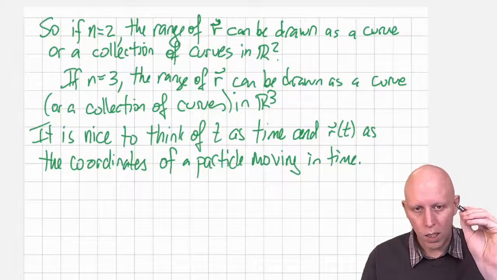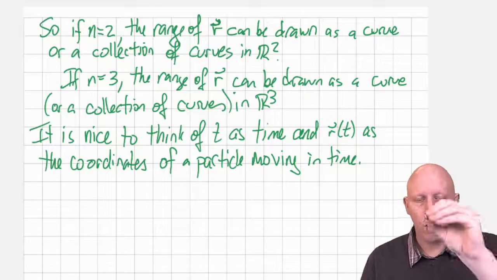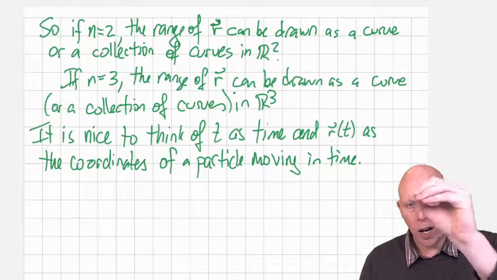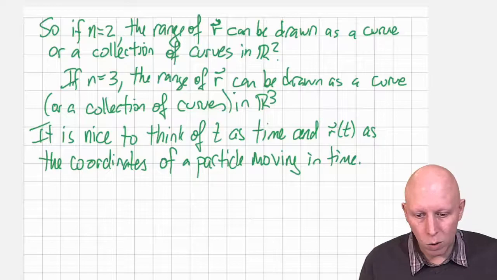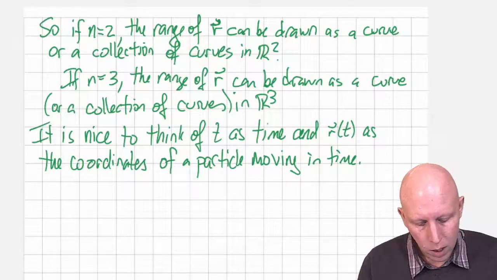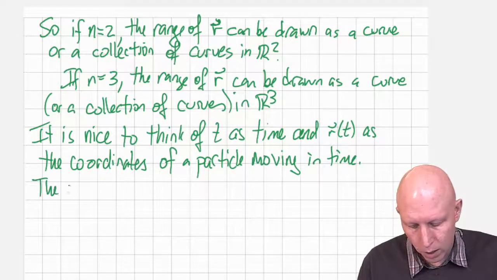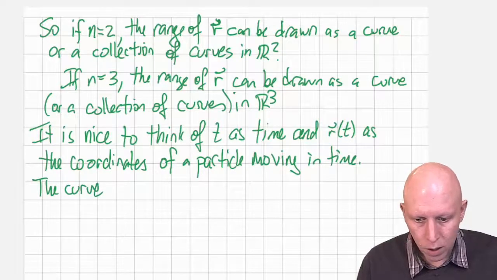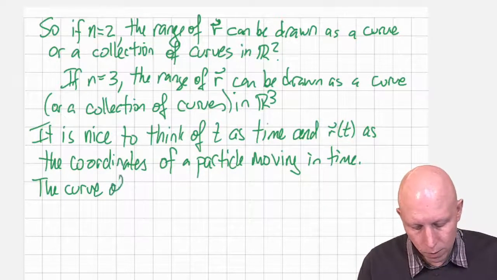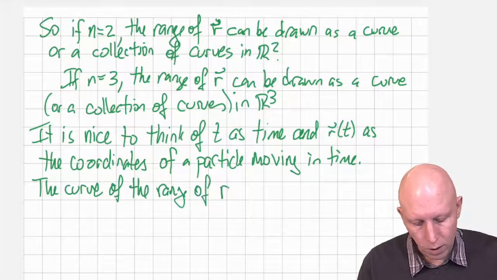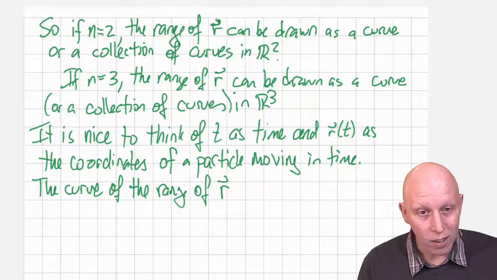So we've got t representing time, and R of t is keeping track of where the particle's moving in time. The curve of the range of R traces the path of the particle.